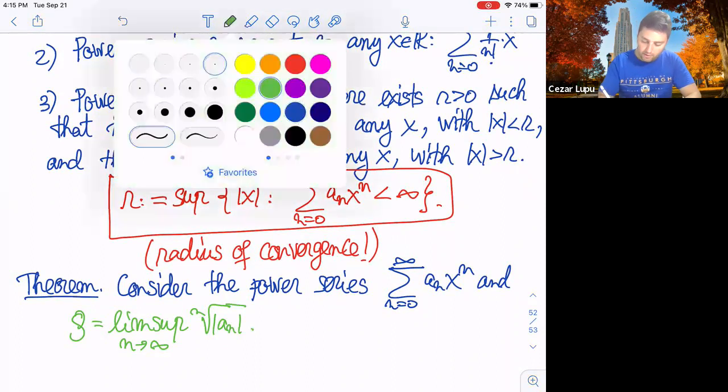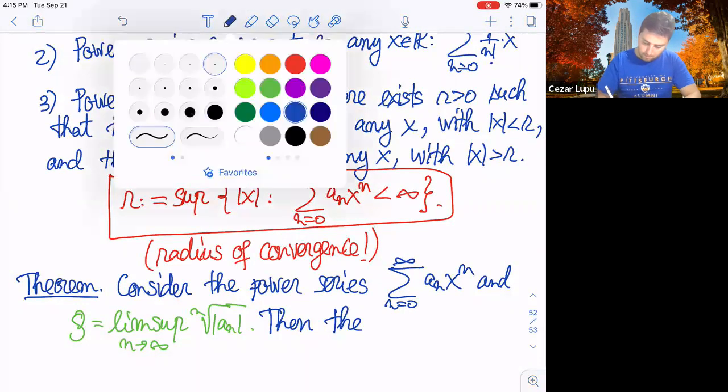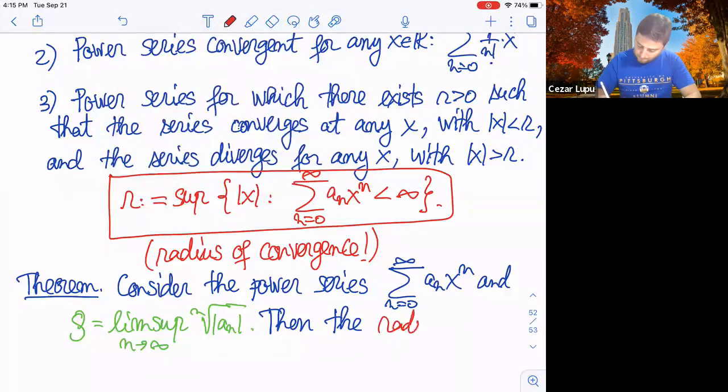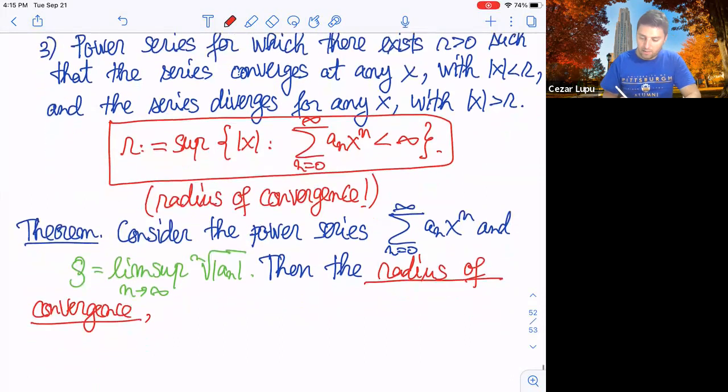Then the radius of convergence is given by r equals 1 over rho.